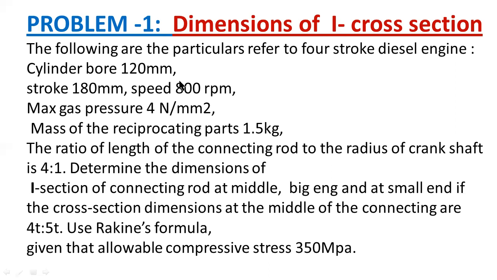And here the speed of the four-stroke engine is 800 rpm. This is a four-stroke diesel engine, so you have to consider half of the speed, that is 400 rpm only. And maximum inside gas pressure is 4 newton per mm square, that is 4 megapascal.